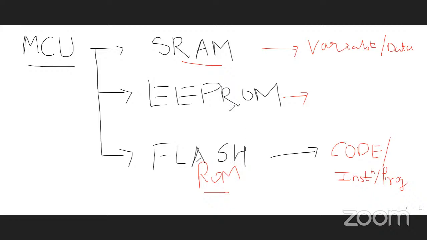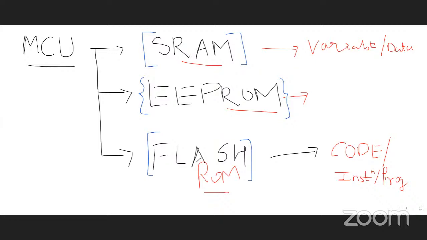Now, why do we require this extra EEPROM is what we need to see. In every MCU, you will find these things. You will find SRAM and you will find flash. These are very important. Every MCU needs to have an SRAM and needs to have a flash. EEPROM, it can have or it cannot have. So we'll have to understand the meaning of an EEPROM.